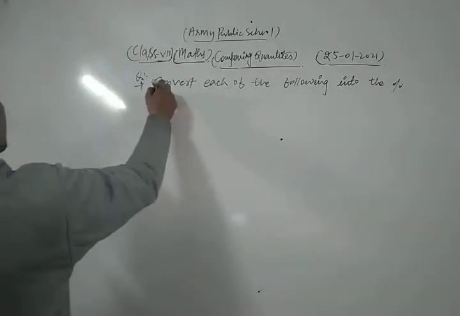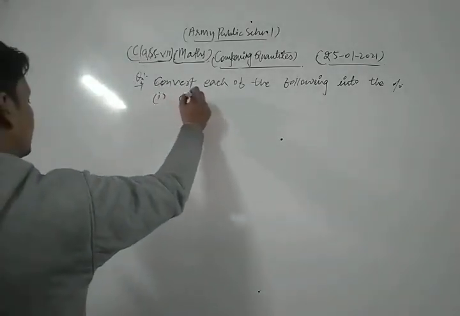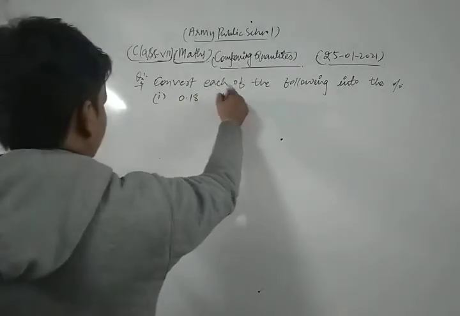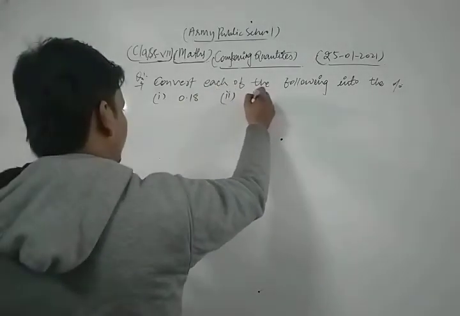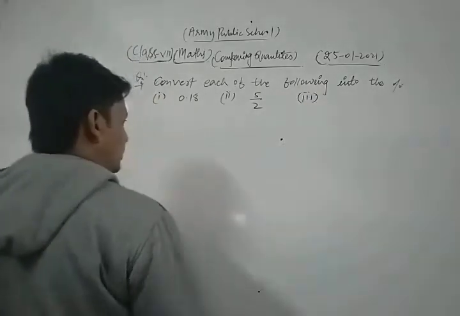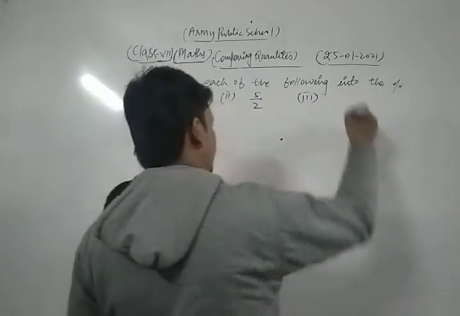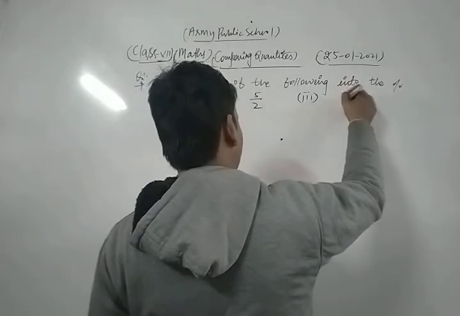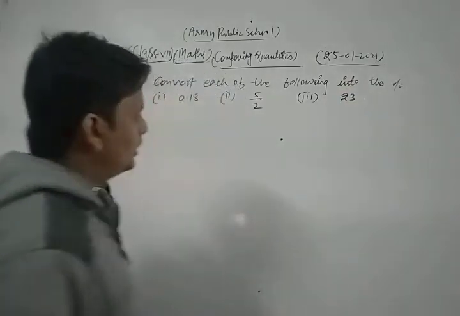The first part of this question is 0.18. The second is 5 by 2. And the third one is 23.